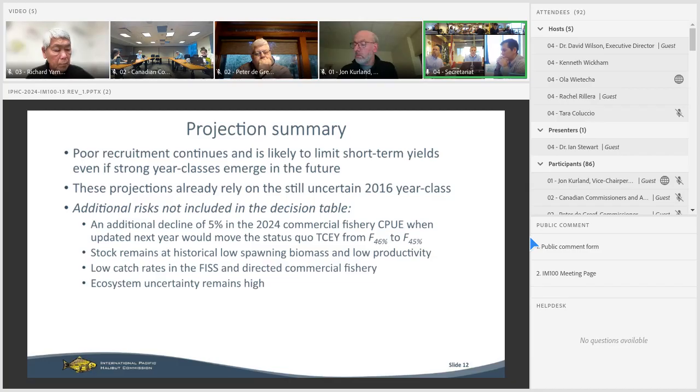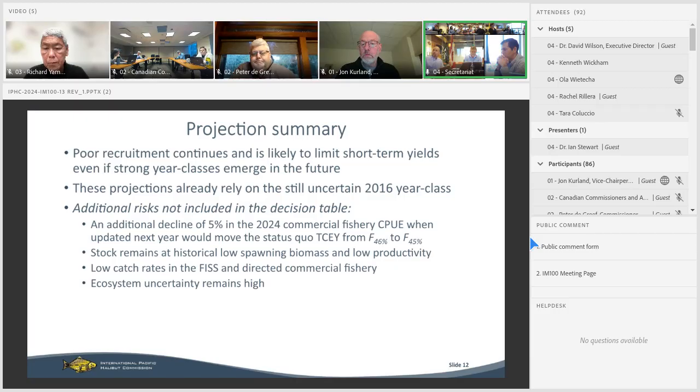Now, there are several risks that are not explicitly included in the decision table. The first, looking back at our discussion about the commercial fisheries CPUE: if there is an additional decline in the CPUE, that could actually increase the risk or chance of stock decline. We looked at that with an alternative run here. We used the value for 2024 for the commercial fisheries CPUE, and we added an additional 5% decline.